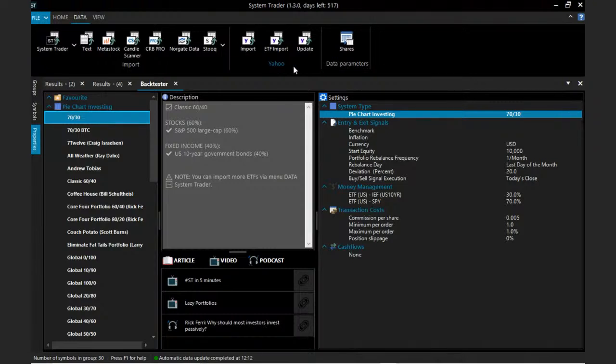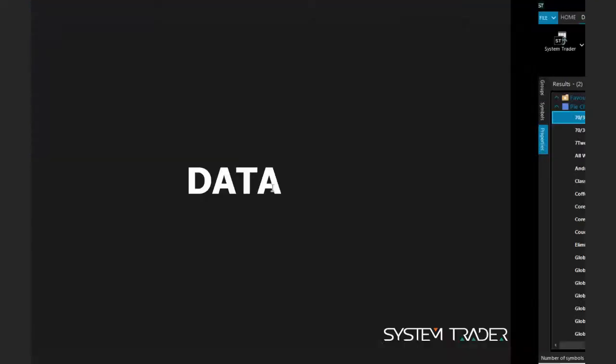But as I said, it's more like backup data. If something wouldn't work here for some reason, or you couldn't find it, which is very unlikely, you can try to find it in Yahoo as well. So this is about the data.